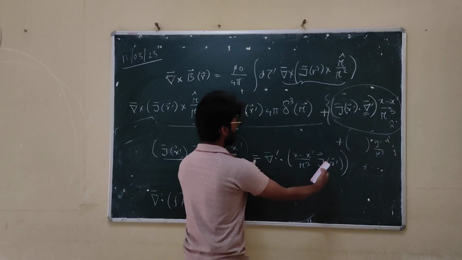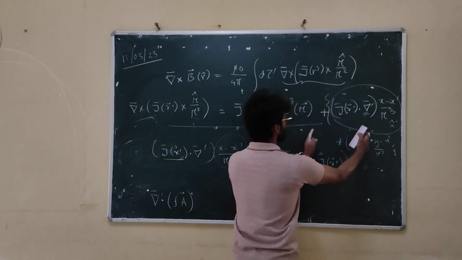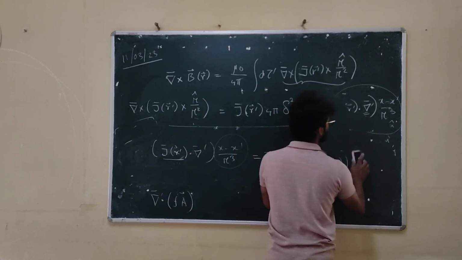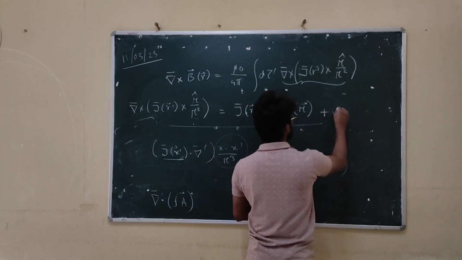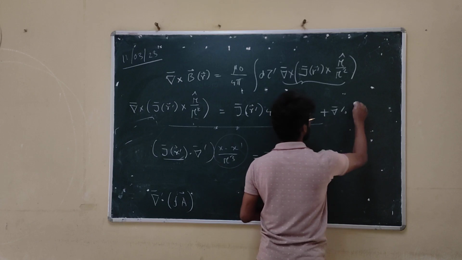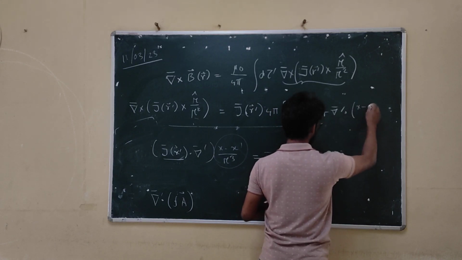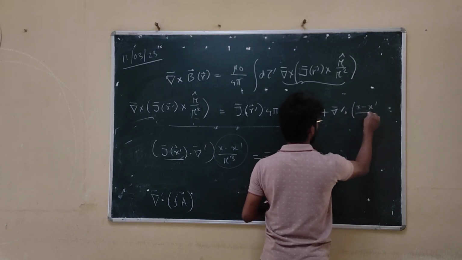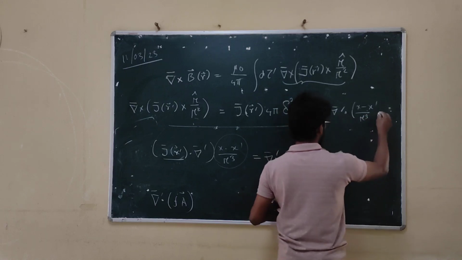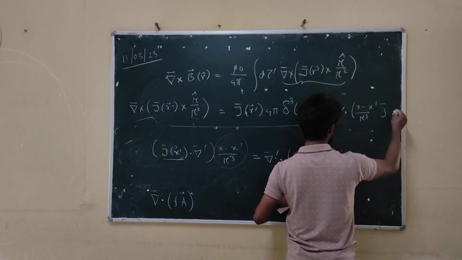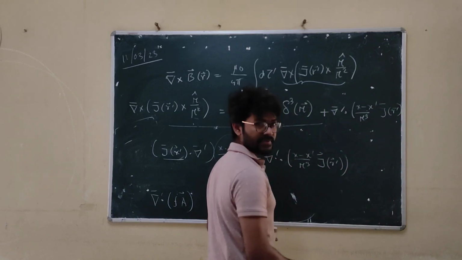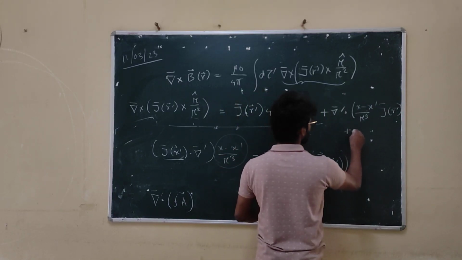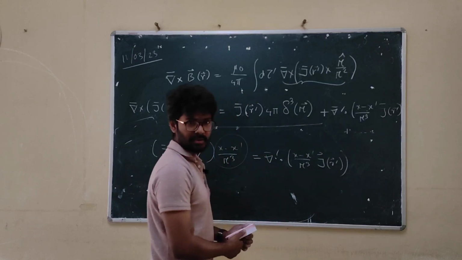All we have is, in the end, del prime dot x minus x prime over r cube times J of r prime. Just for the x component, there will be other y and z terms.